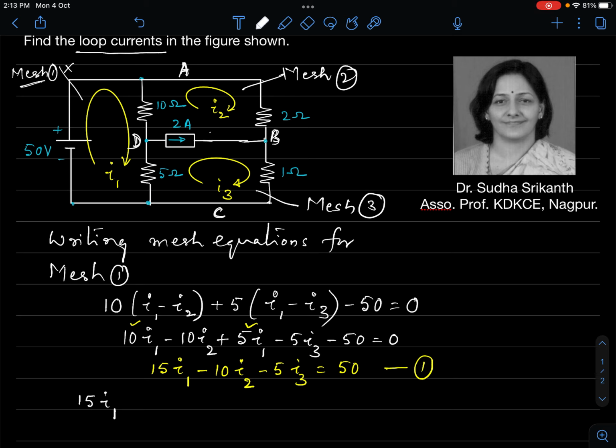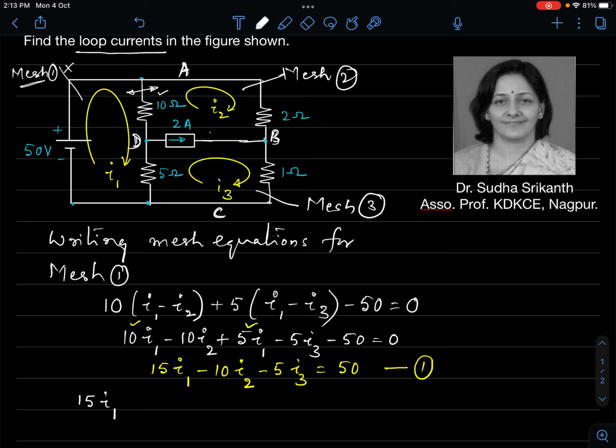Now, what is common between mesh 1 and mesh 2? That resistance is given a negative sign and multiplied with the other mesh 2 current. The resistance is 10 ohm, which is common between mesh 1 and mesh 2. It is something like a common wall between two rooms.